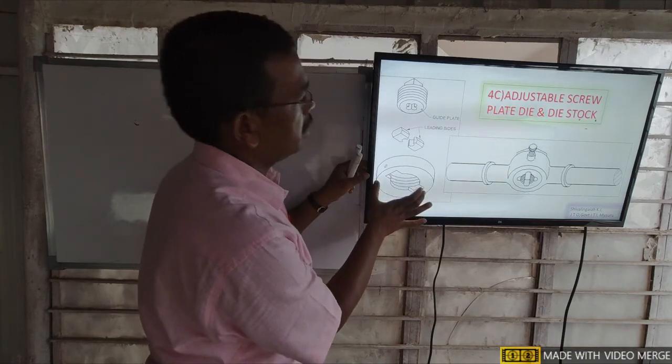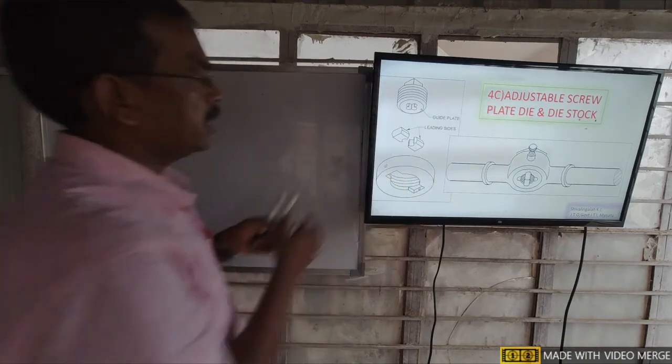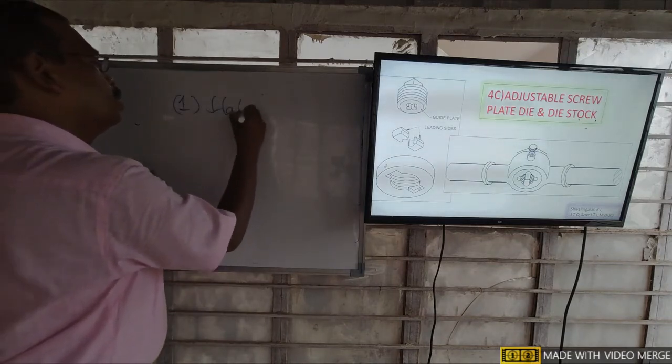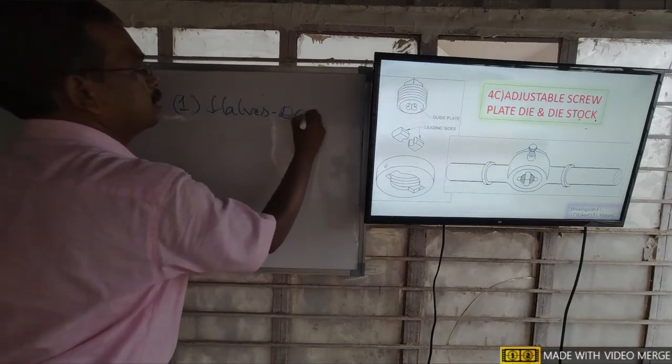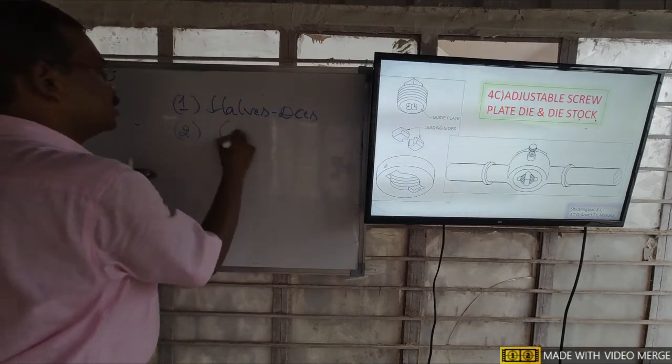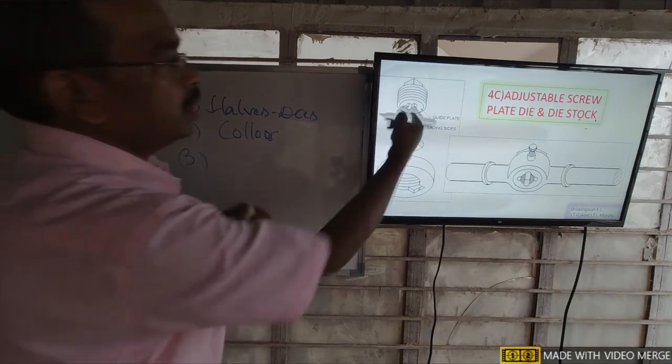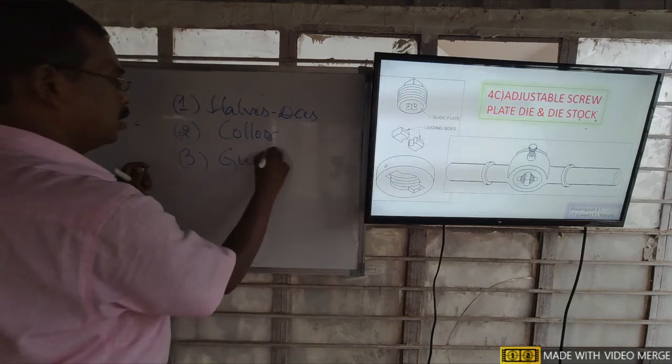This is the collar. So it has the two half dies and one collar is there, and the guide plate is also there.